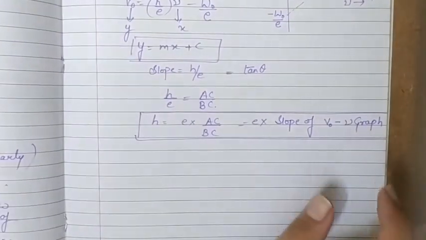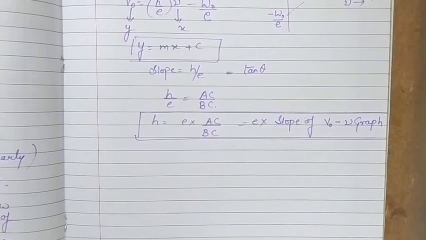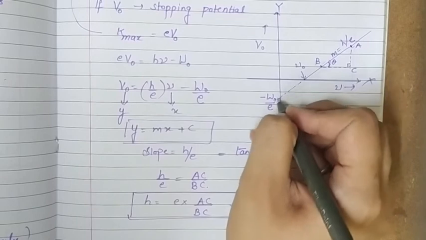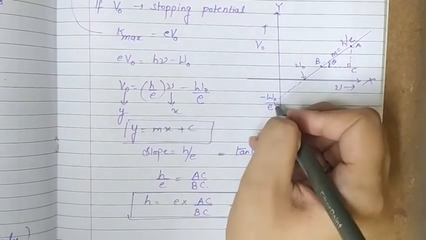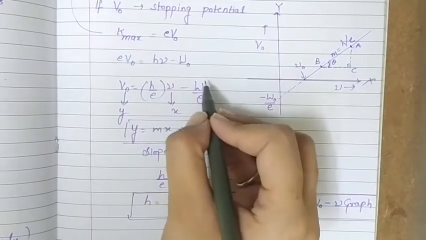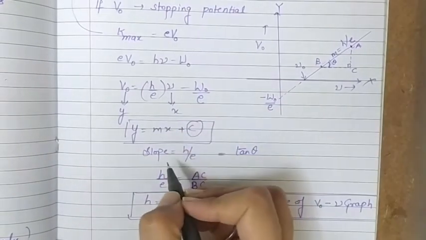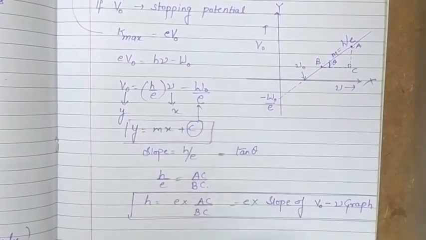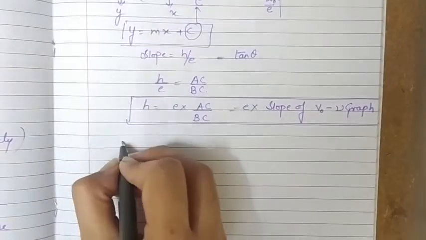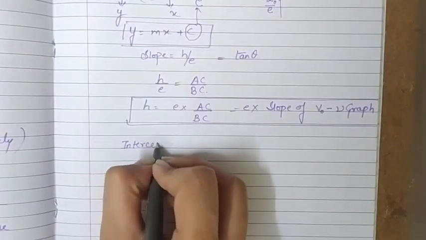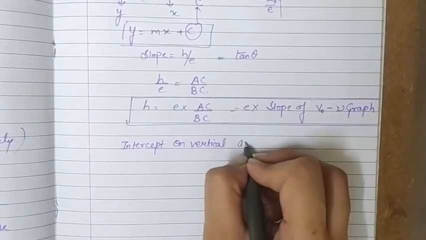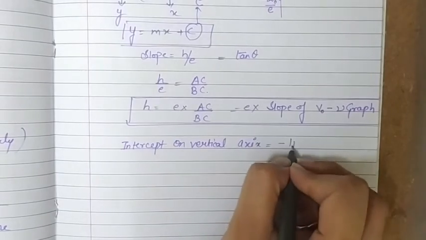So Planck's constant can be determined by taking the product of e, the electronic charge, with the slope of the given graph, right? Now the intercept of this line on the vertical axis of the graph is represented by minus w naught over e, because this c is actually the constant which represents the intercept, and its value is equal to minus w naught over e. So the intercept on the vertical axis, that is c, is equal to minus w naught over e.